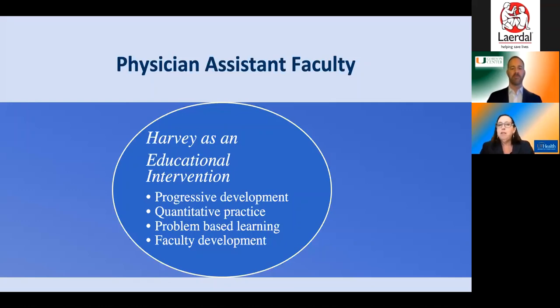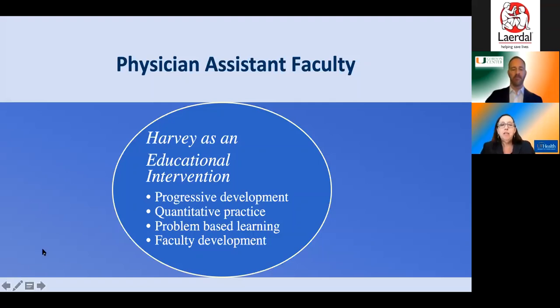Quantitative practice, access to Harvey is certainly key, and deciding your approach to problem-based learning. I think that with our virtual opportunities, we have such a variety of innovative ways to implement educational innovations that it's always hard just to pick one. And I think that Harvey is well suited for the innovation we're currently using during the pandemic.